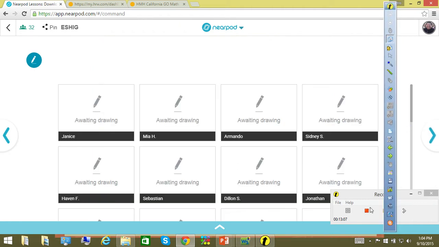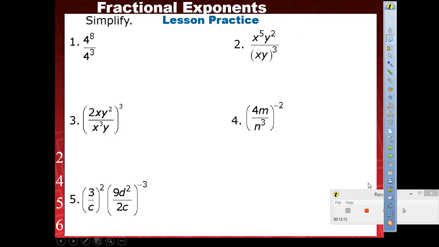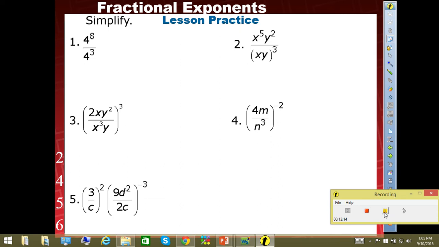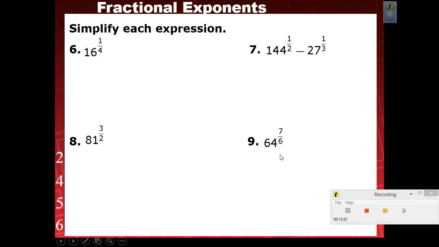And work on those, please. Copy them and go. Once again, as soon as you're done with those 5, there's 4 more up on the screen. Copy those and simplify. Go.